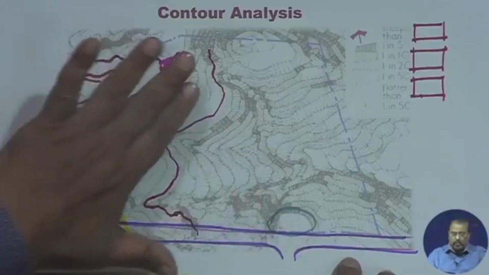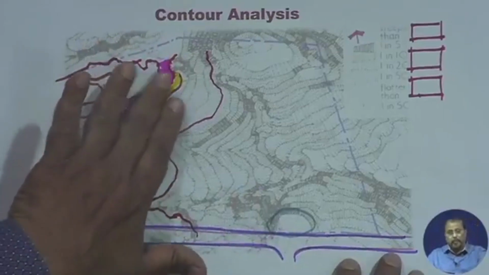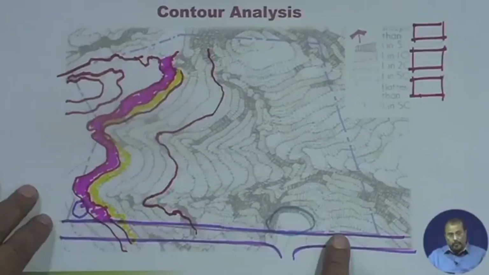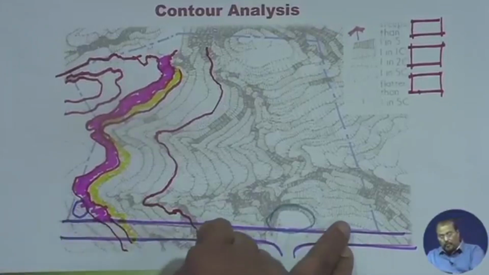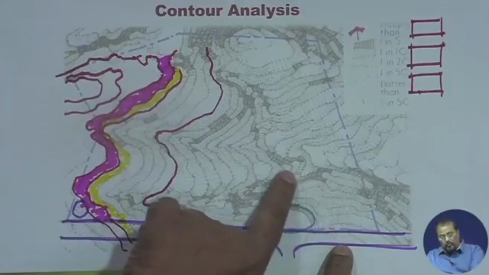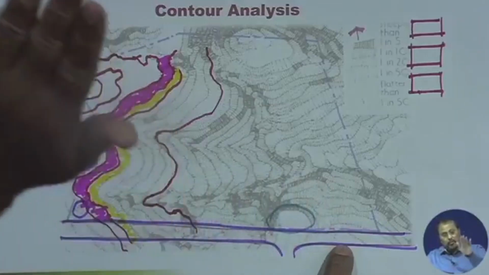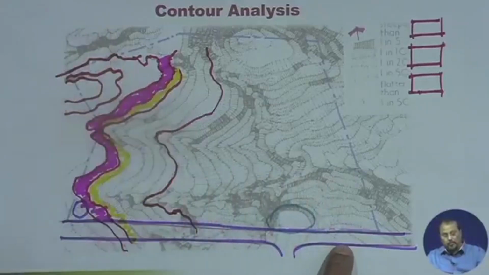Suppose I have decided that this is the best location for my cottages and this is the best location for my entry point because of the accessibility and all these things, then the accessibility has to be maintained in such a way that it has to go up the hill to reach this particular spot.